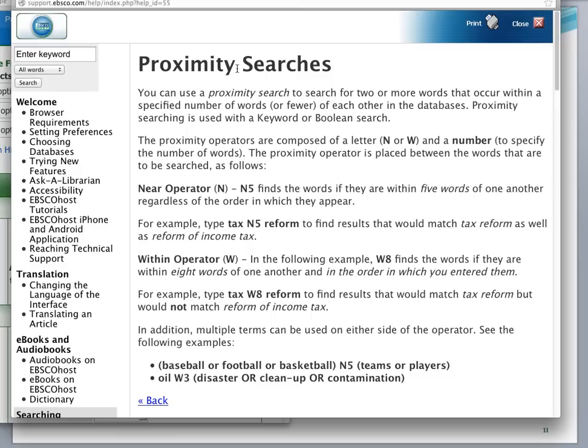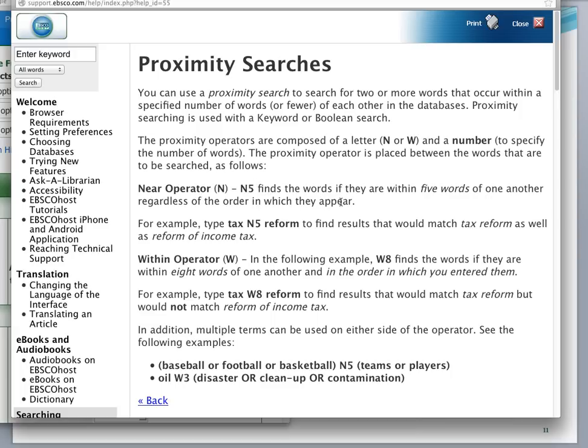And let's see how it works. The proximity operators are composed of a letter, N or W, and a number to specify the number of words. The proximity operator is placed between the words that are to be searched. For example, the near operator, N5, finds the words if they are within five words of one another, regardless of the order in which they appear.